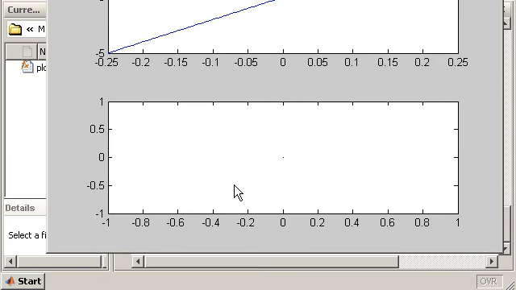Oddly enough, this one has the wrong range of values. Seems like it should be from minus 0.25 up to 0.25, and then it doesn't have phi going across.